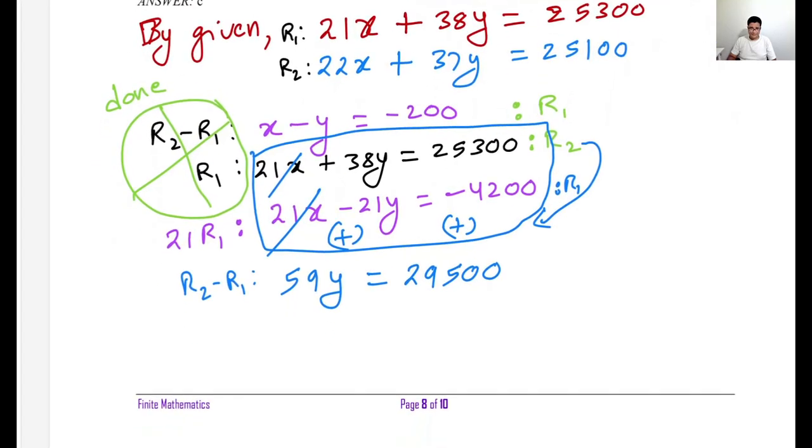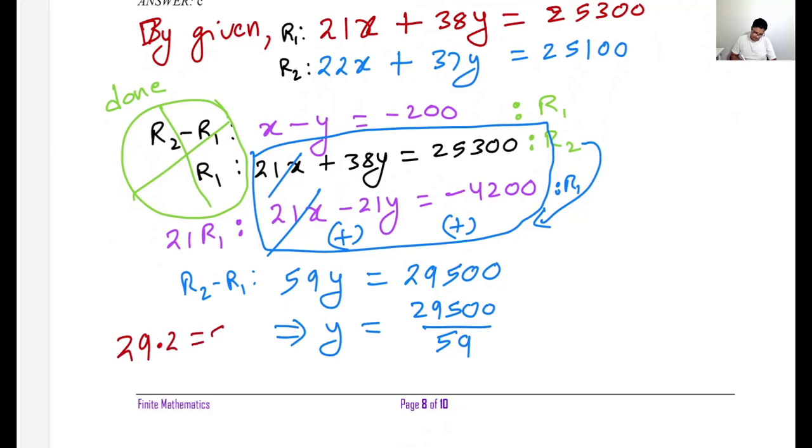And something tells me that I can solve this very easily, because y will be 29,500 divided by 59, and what comes to my mind is this table. 29 times 2 is 58, and if you take another 5.5, so 29.5 times 2 will be 59, right? So looks like this will get perfectly cancelled here, and I'm going to get 0.5, because this is going to be half, reciprocal 0.5, but with 3 zeros, so that will make it 500.